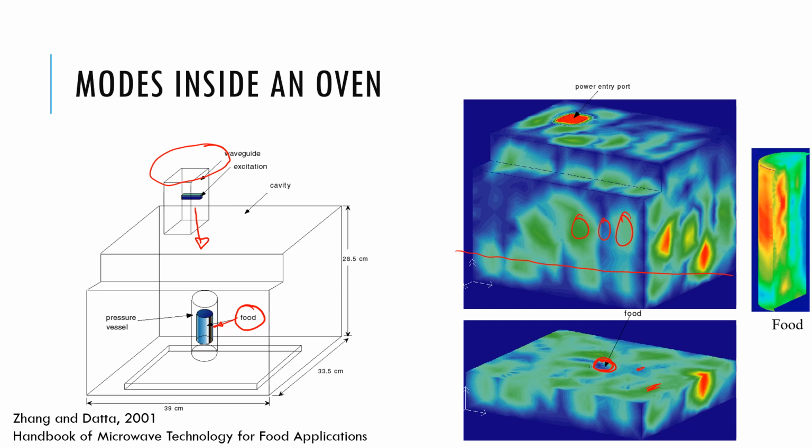Now here we can see the food. So this is the cylindrical food that was here, and this is inside. So even the food also has a great amount of non-uniformity, partly from the oven itself, and then it also contributes because of its own dielectric properties and so on.